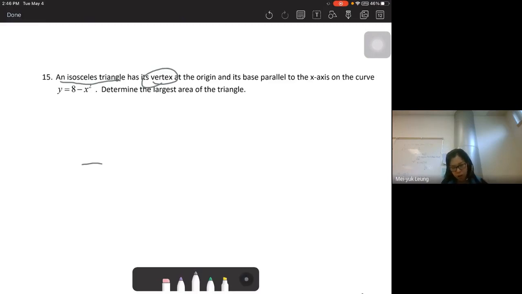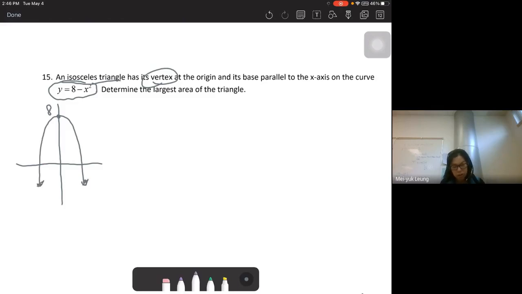When I draw this graph, let's draw this parabola. This is a parabola where the base function is reflected over the y-axis, so it opens downwards and is then shifted up 8 units. So this is the parabola. It's still symmetrical about the y-axis.